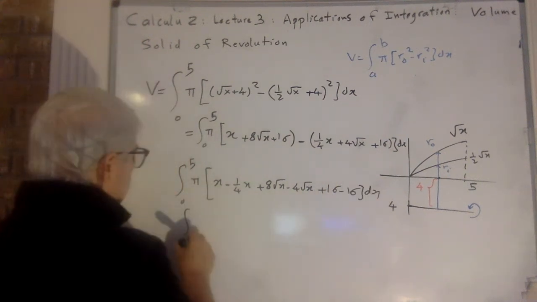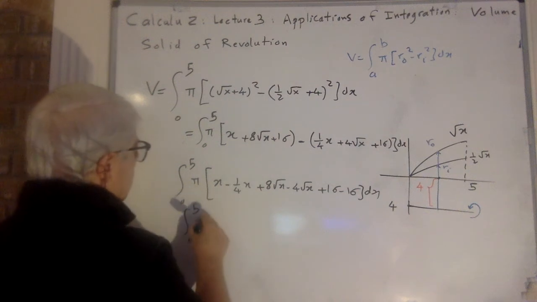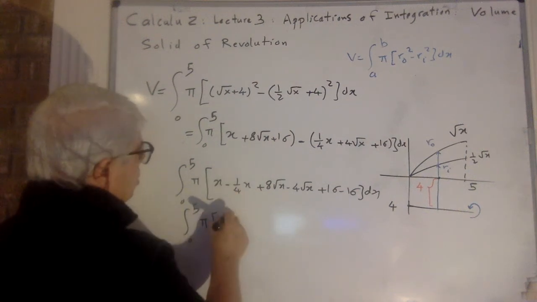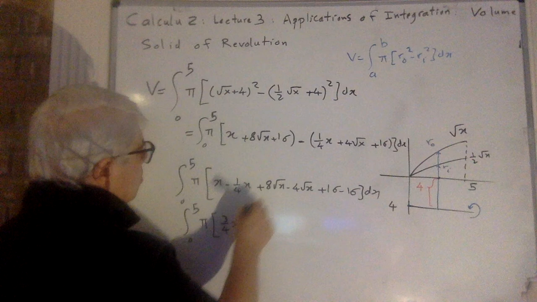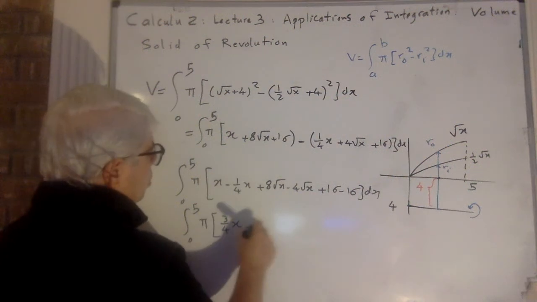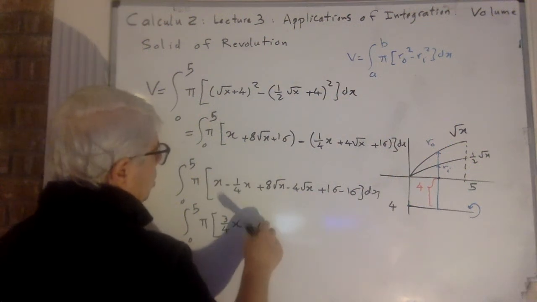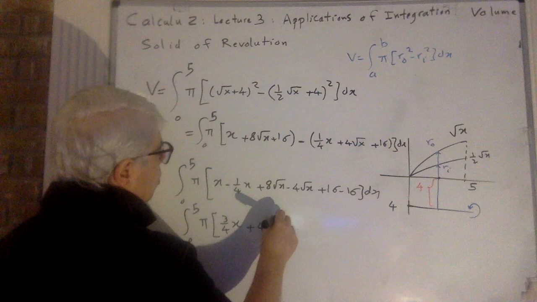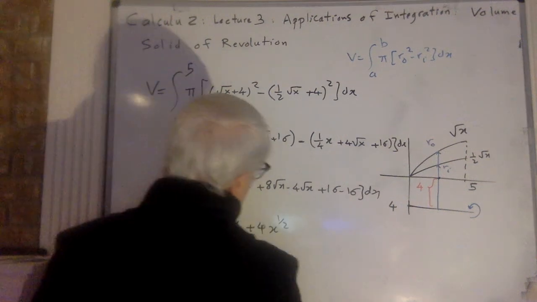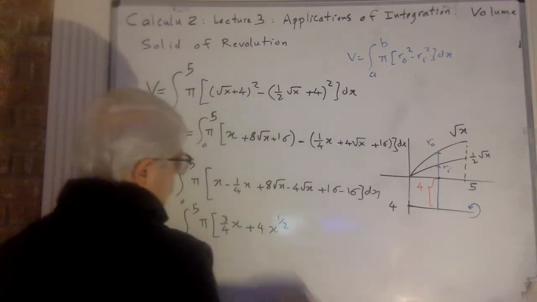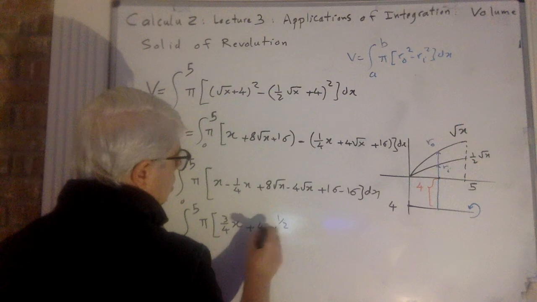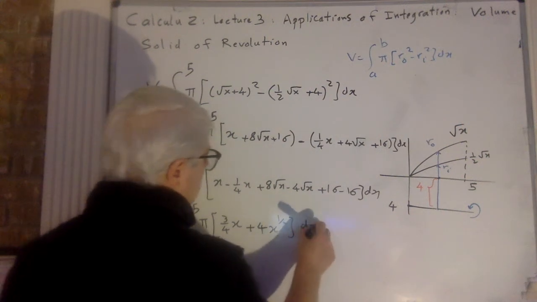So it is the integral from 0 to 5 of pi times 3/4 x plus 4 x to the power of 1/2, that is square root of x. And that's it. The 16 and 16 cancel out.